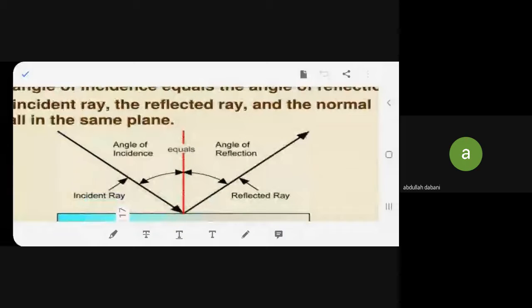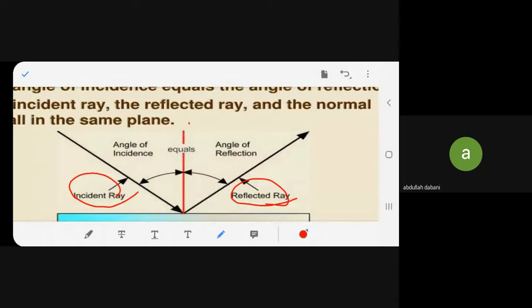What did I say? The incident ray, the reflected ray, and the normal all lie in the same plane. This is the same plane. I hope you know what a plane is, the same surface. So yes, they lie in the same plane. That's the second law. Now you can speak.